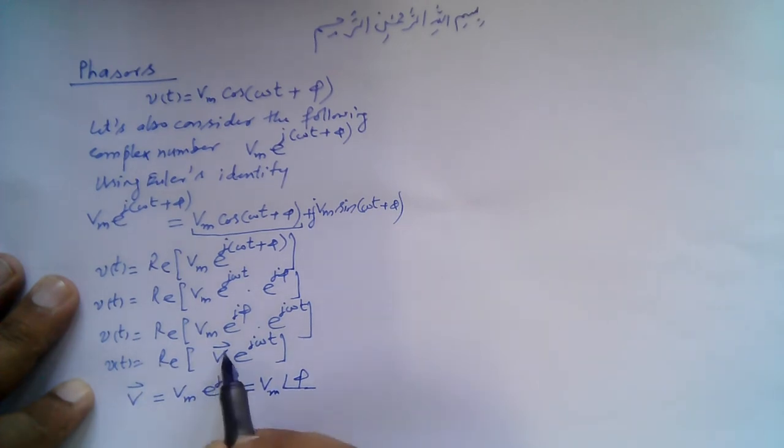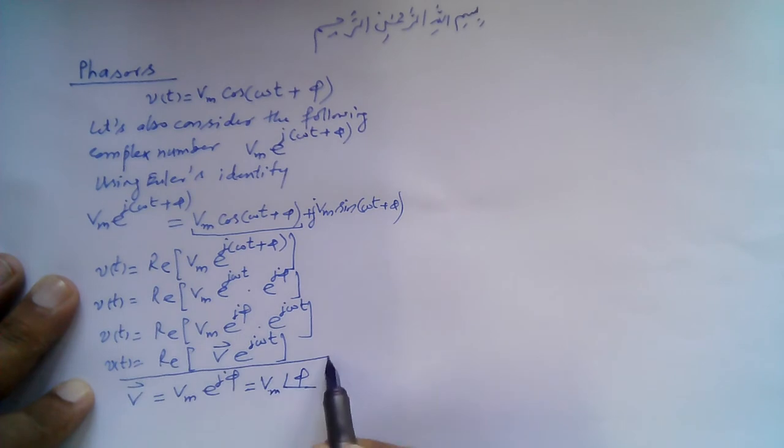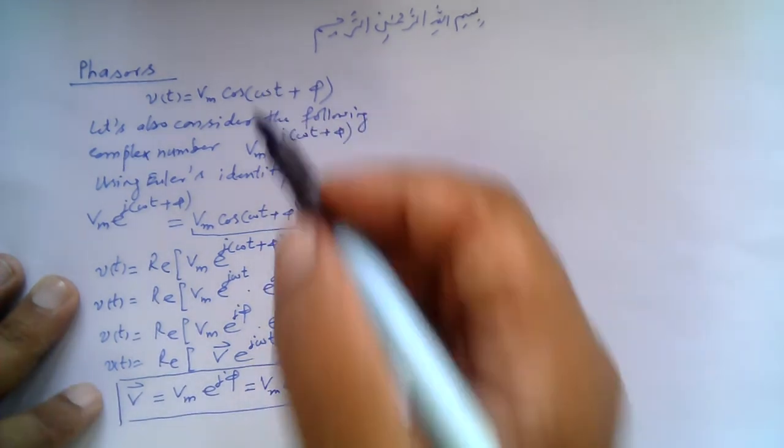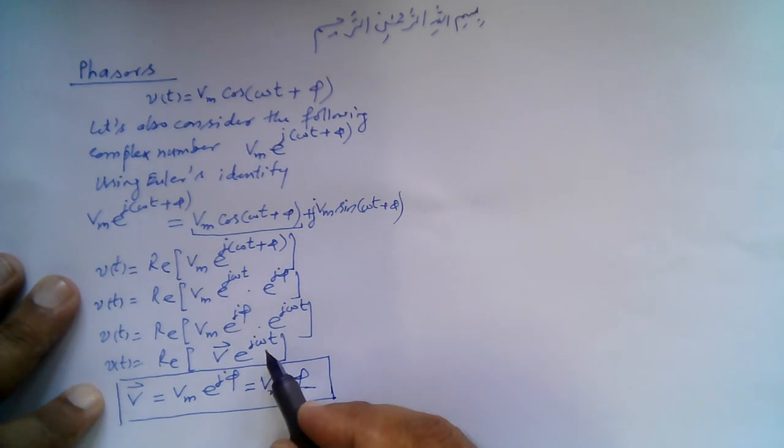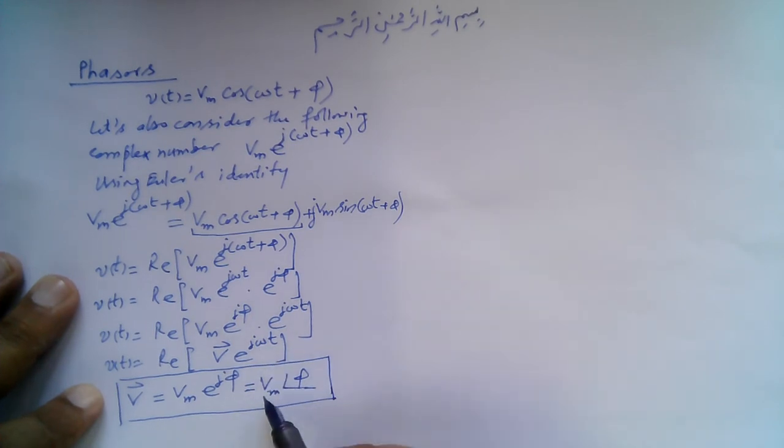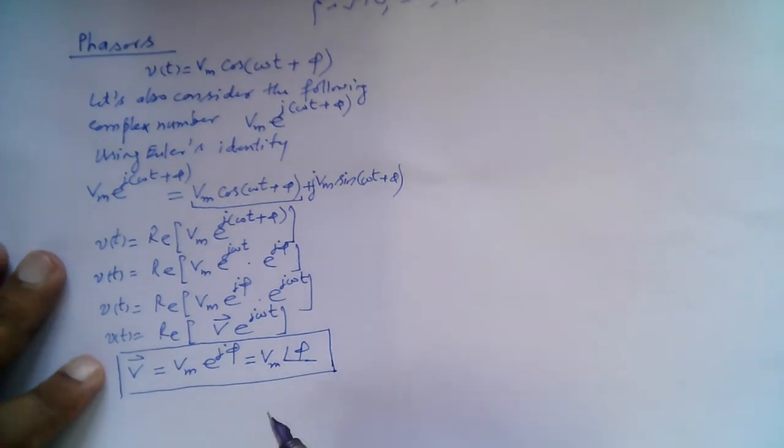So this V bar here is called the phasor representation or phasor domain representation of this sinusoid, right? The time domain term is suppressed here. So this is the phasor domain representation of the sinusoid.